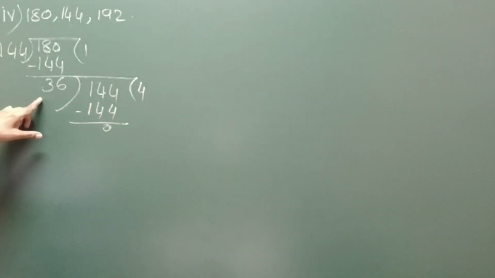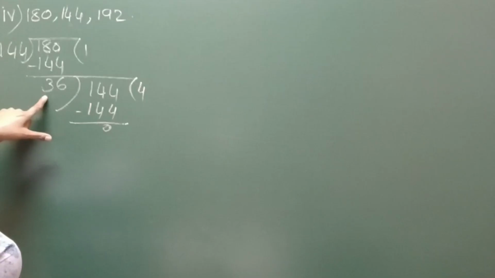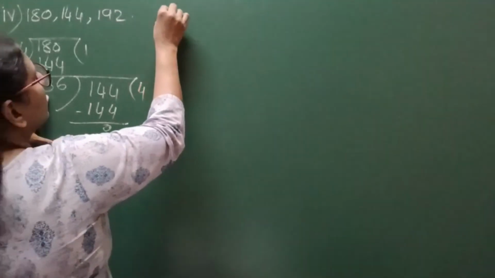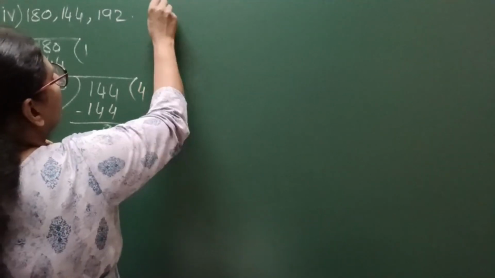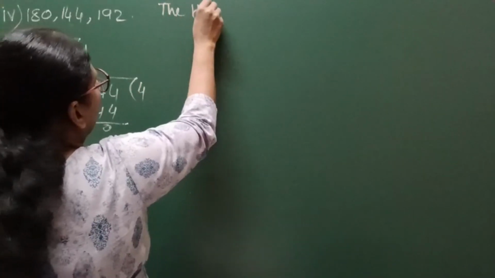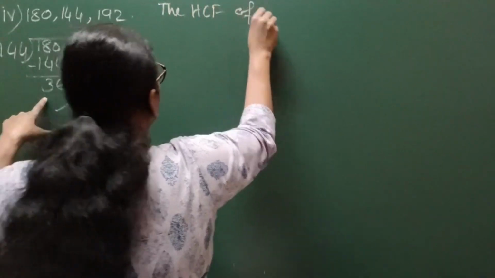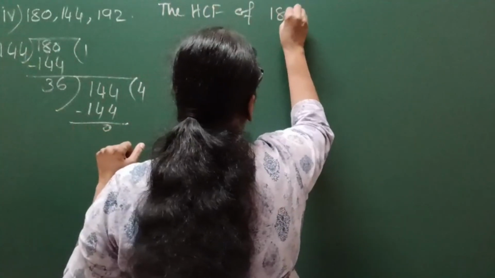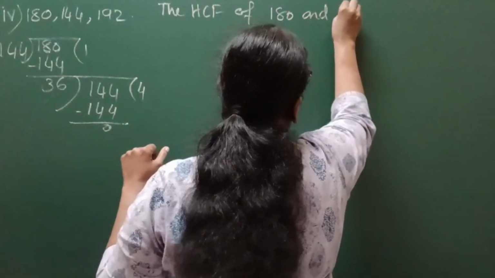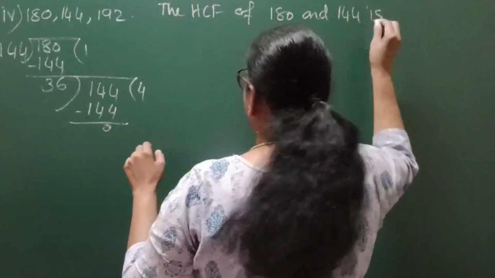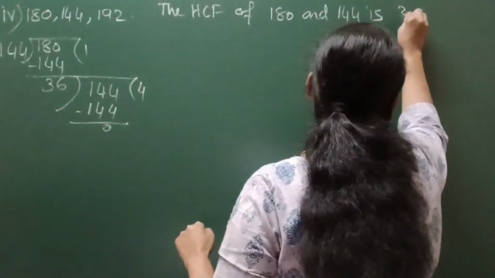So we got here HCF 36. The HCF of 180 and 144 is 36.